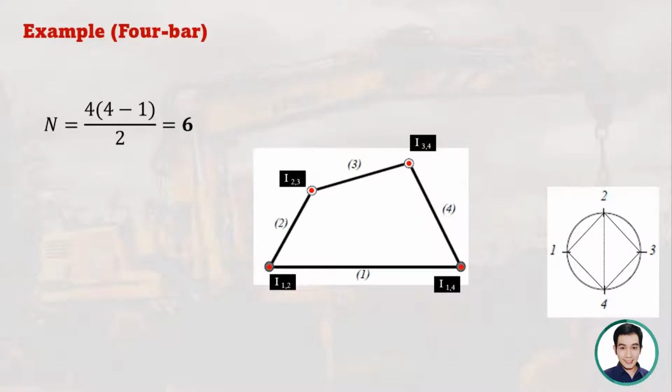Because 1, 2 and 1, 4 are sides of the triangle with the third side 2, 4, we connect them.